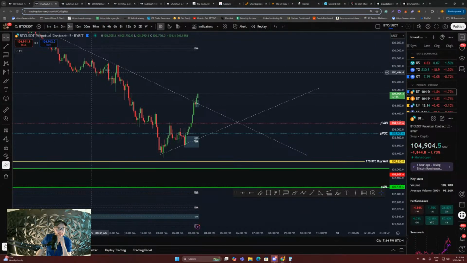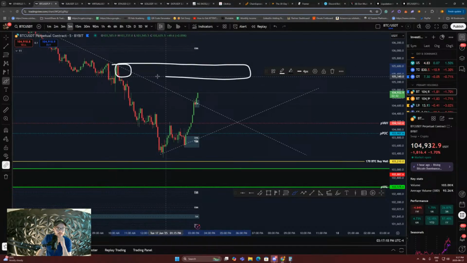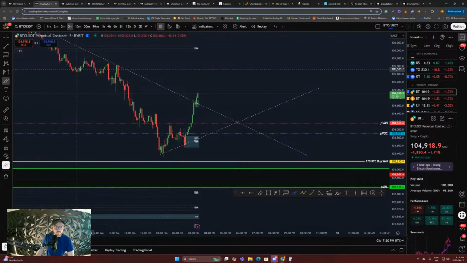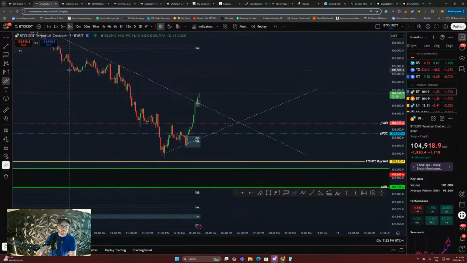I see 105.6 here being an area of interest for potential shorts. Five-minute broke through the sell. Yeah, the sell walls were pretty terrible. They're small today.